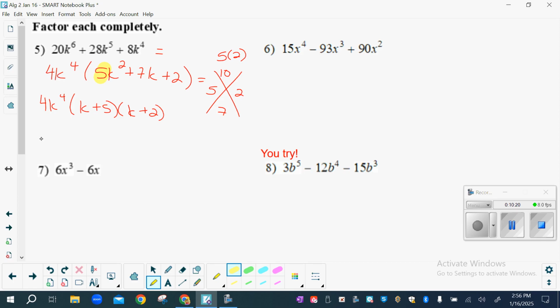It makes our x work. But if we multiply this out, it doesn't get us back up here. So we have to divide this 5 out. So we get 4k to the 4th times k plus 1. And then what do we do with the 5? We slide it in front of the k: 5k plus 2.